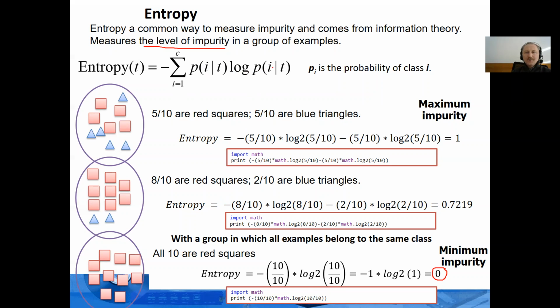Here, how many classes do we have? Two classes, triangles and squares. What is the probability of the squares? We have 5 squares, and altogether there are 10.